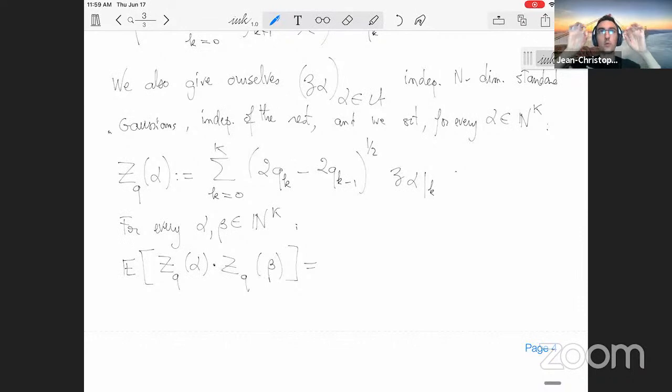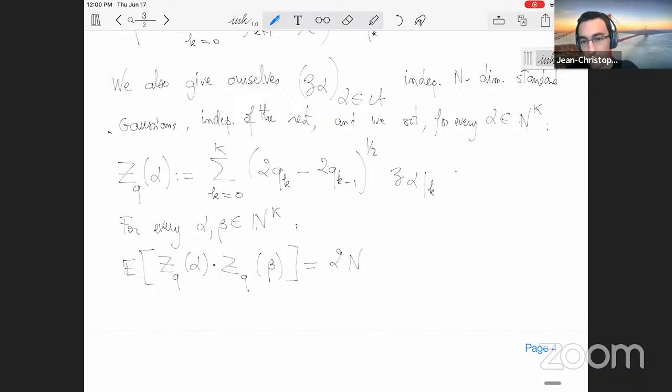So the question is only when the paths that go to alpha and to beta are going to split. Maybe in the beginning they will see exactly the same random variable for a while, and then at some point the paths split, and then they see independent things, and they are no longer correlated. So in this scalar product, all that will matter is the path that is common to alpha and beta.